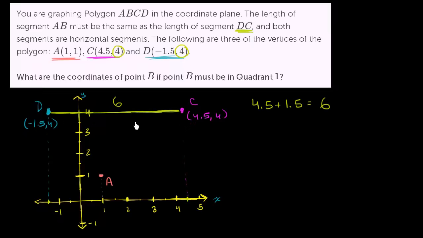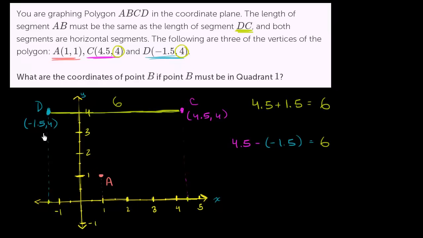So you really want to say, if you start at negative 1.5 and you get to 4.5, how far have you gone? You can take your end x value and subtract your starting x value. So you subtract negative 1.5, and this is equal to 4.5 plus positive 1.5, which once again is equal to 6.